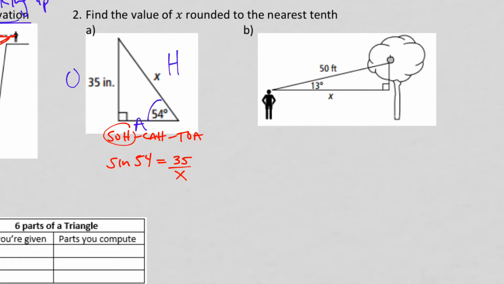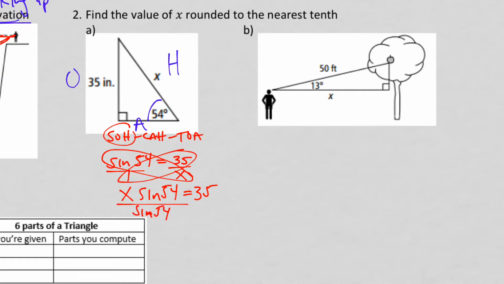And then at this point, this is a proportion, so I can now solve using cross product. X times sine of 54 is x sine of 54, equal to 1 times 35, which is just 35. I can now divide by sine of 54 degrees to both sides.